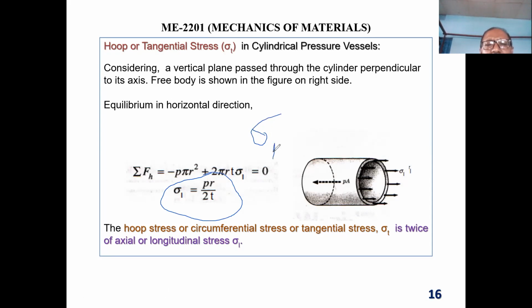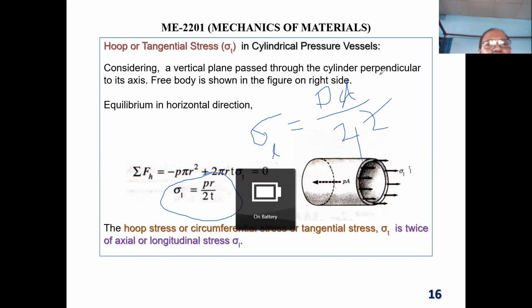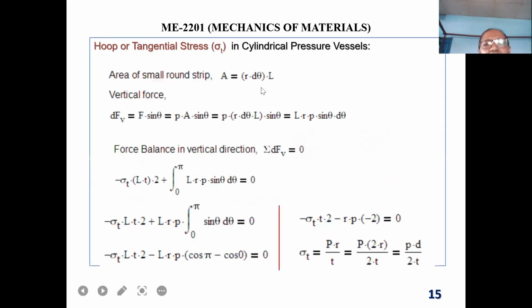We can write sigma L equal to PD divided by 4T. Okay, this one. Then we also found tangential stress sigma T equal to PD by 2T.